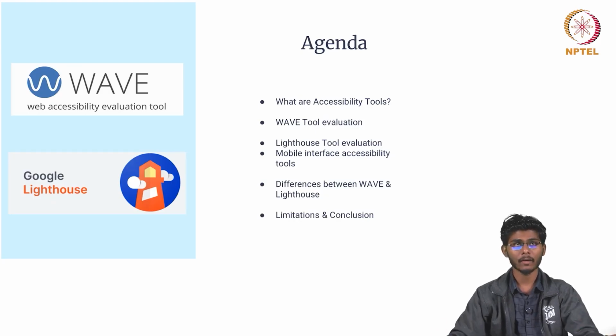And at the end of the session we can also compare the general differences between these tools, if any tool provides a more effective generated report than another, what the similarities are, who benefits from these tools, and also what the limitations are.